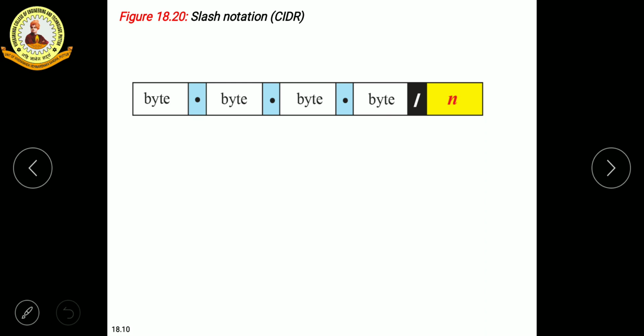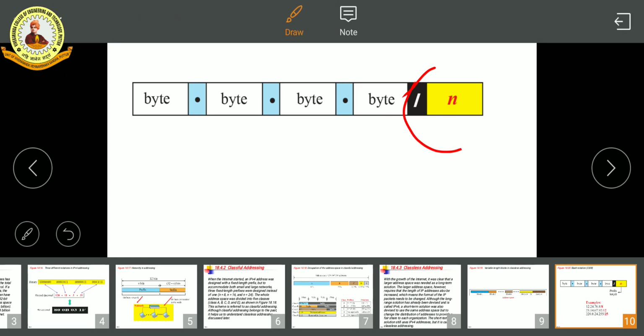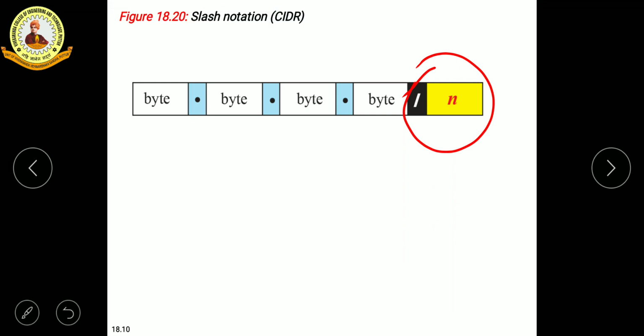So to solve that, since the prefix length is not inherent in the address, we need to separately give the length of the prefix. In this case, the prefix length n is added to the address separated by a slash. So here it is given slash n. Okay, so this is slash notation. What does this slash n refer to? n refers to the number of bits in the prefix, right?